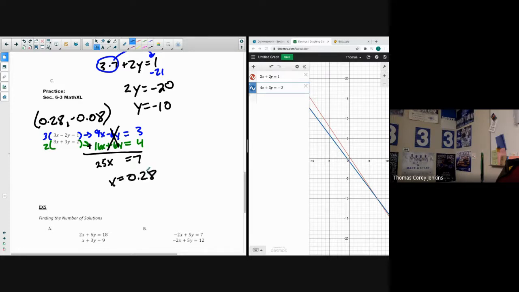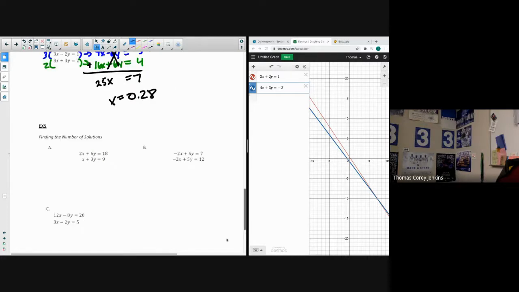If you needed a fraction, you would just leave it as 7/25. Okay, and then you could just punch that in either right there, and solve for y, which should be negative 0.08. Okay, so I'm going to skip over that part just to save a little bit of time, but I wanted you to see that one because it was a little funky.